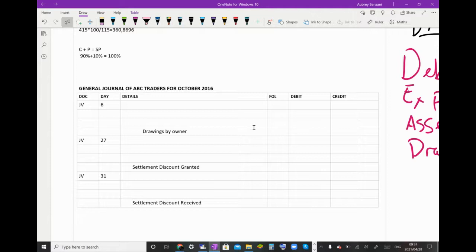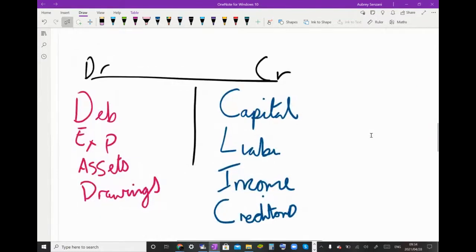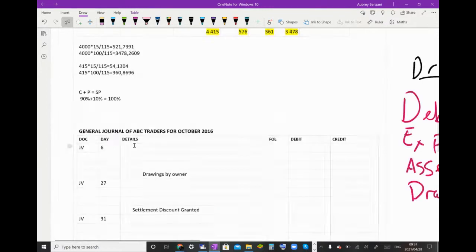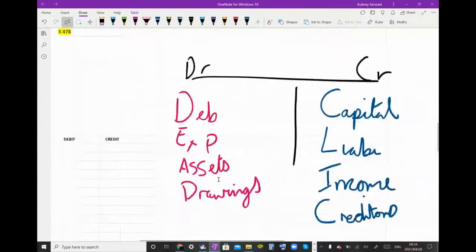So what's going to happen with drawings? Drawings, we know we're going to debit it, because whenever we incur drawings, we debit it. I'm sure we remember this debit click thing. Then the next thing, we know that trading inventory is going down. Remember, trading inventory is an asset, it's going down, so we're going to credit it.